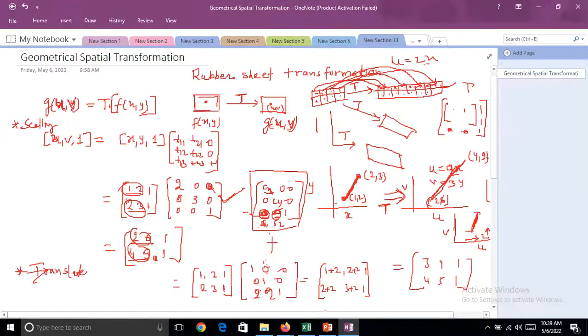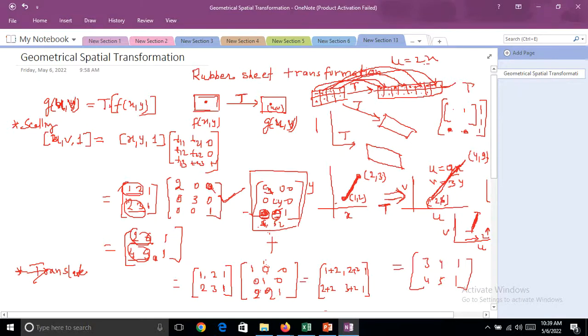So for additionally created pixel coordinates, how do we fill the pixel value? In that case, we take this pixel coordinate and find the pixel value of the nearest pixel coordinate. So for the third, who is the nearest? The nearest of the third may be either the second pixel or the fourth pixel.